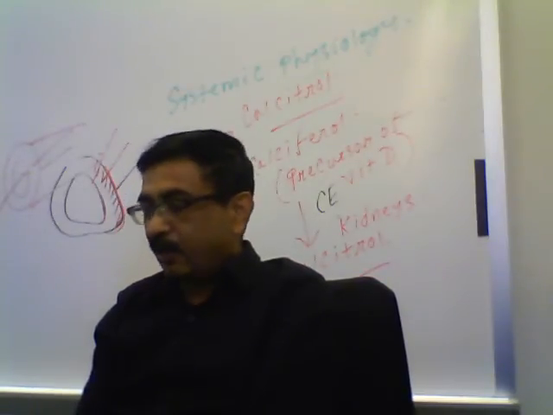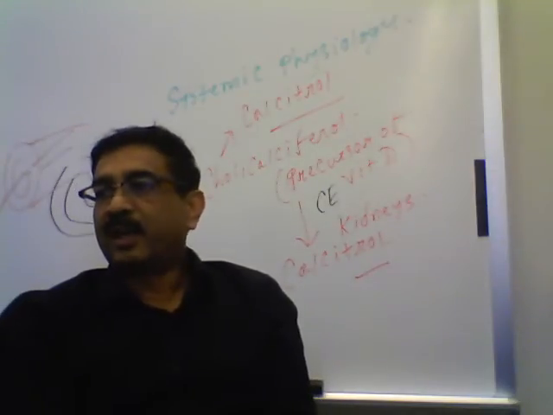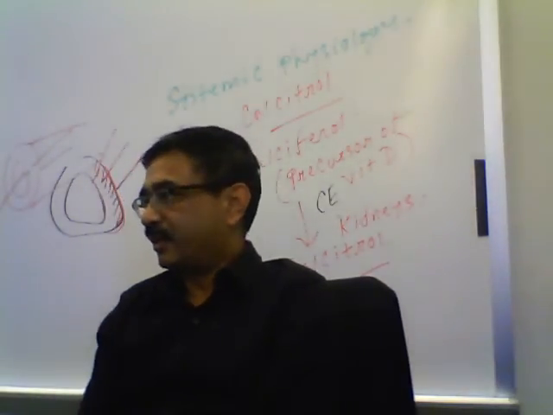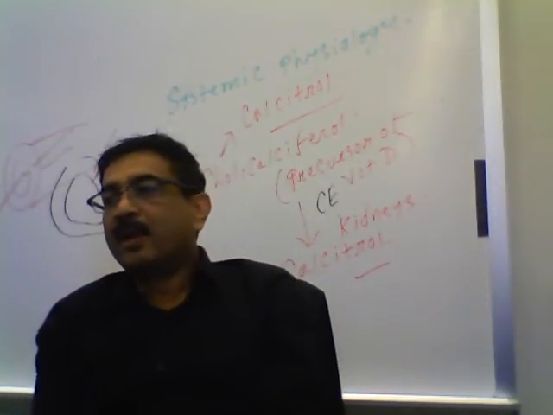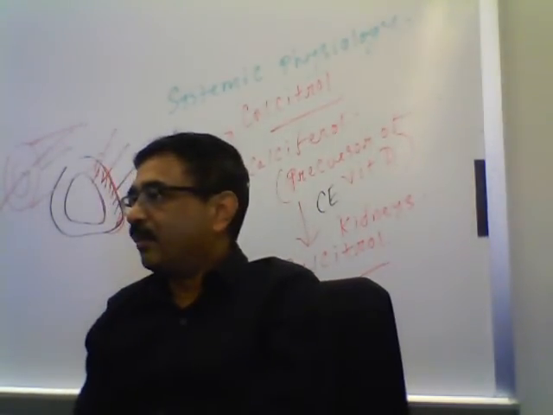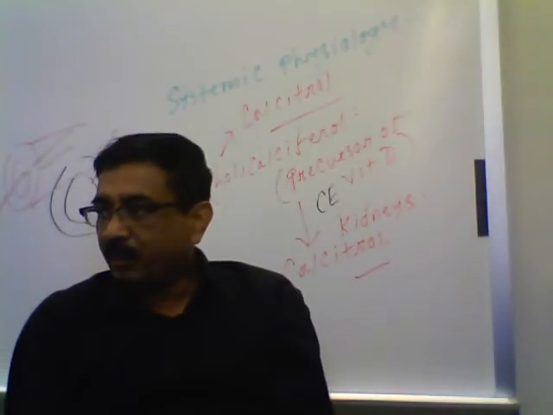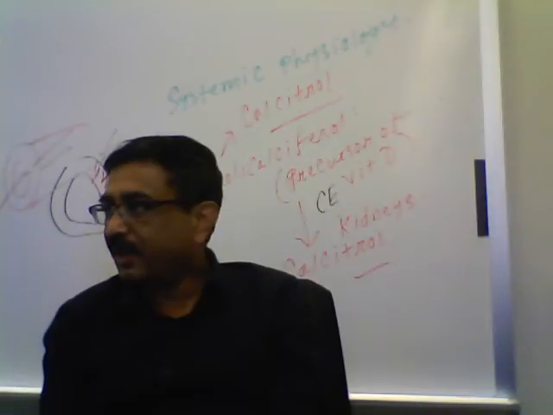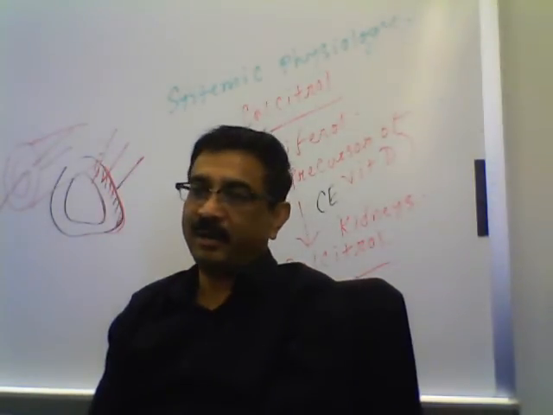And hormones then go to the target organs and perform the action. So you see here, the endocrine system must produce the hormone, secrete or release the hormone, and then the hormone should be taken to the site of action by the blood.